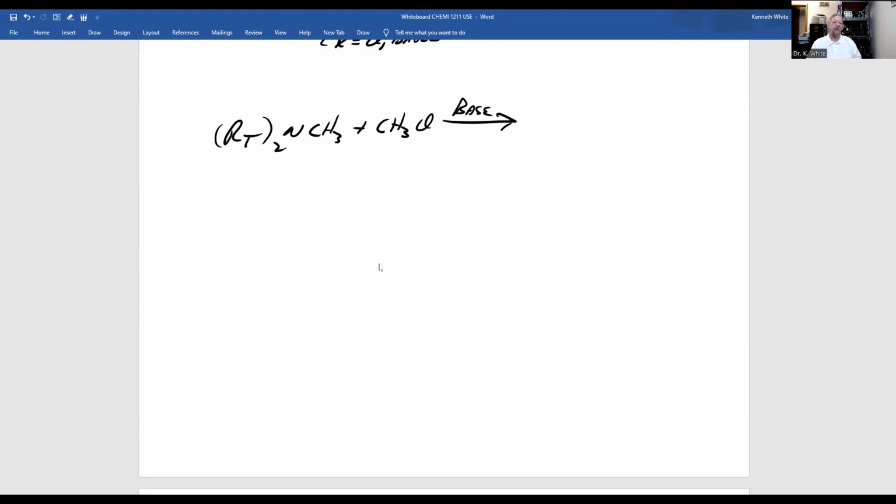The question is, what's the product you get? Now, R sub T, we'll learn later on, is called tallow group or tallow alkyl. It has 18 carbons with and without a double bond. I'll let you figure out first what's the product or products of that reaction.